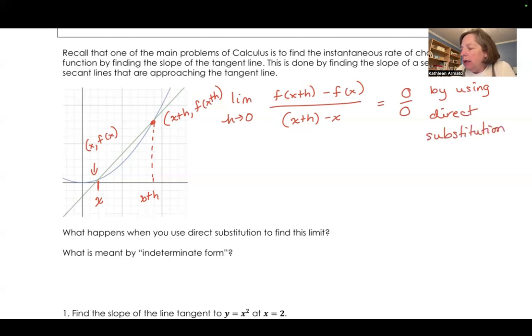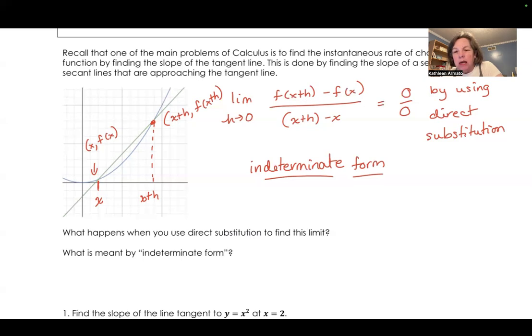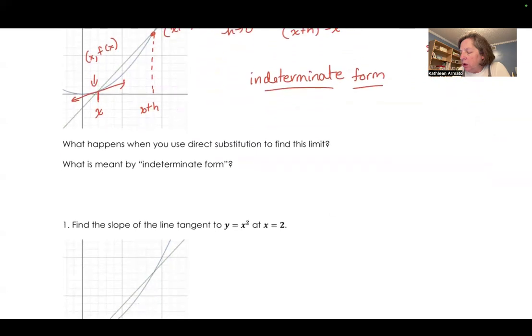It's what we call an indeterminate form. So when you try direct substitution and you get 0 over 0, it's called an indeterminate form. It turns out the slope of the tangent line, I mean, there is one here, right? There is a tangent line, there is a slope. We should be able to find it. So this just didn't let us see it. So we need to do something different so we can figure it out.